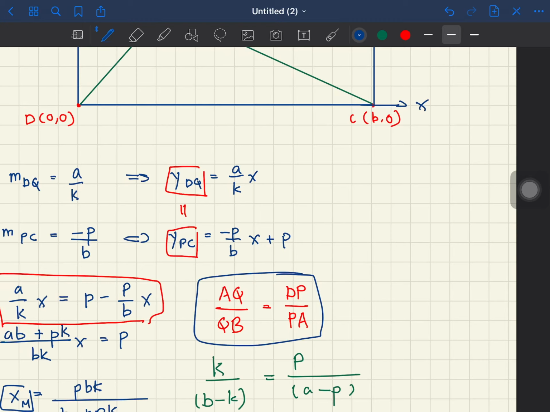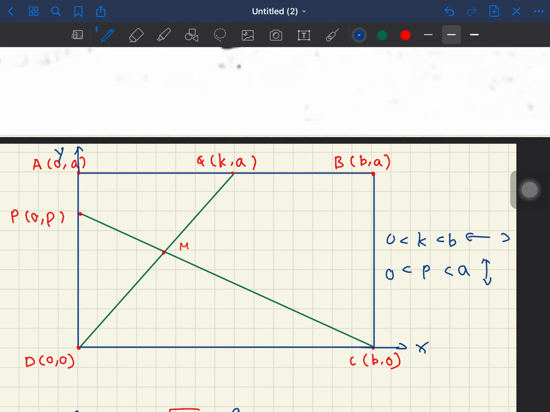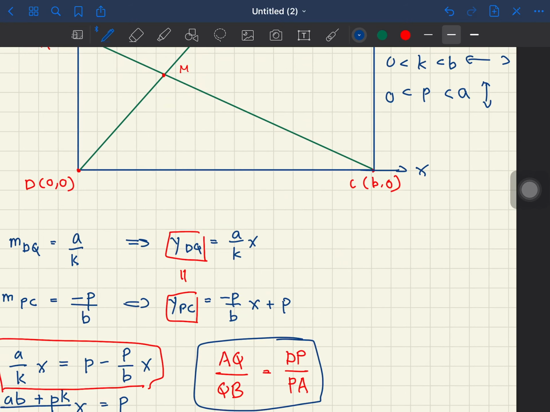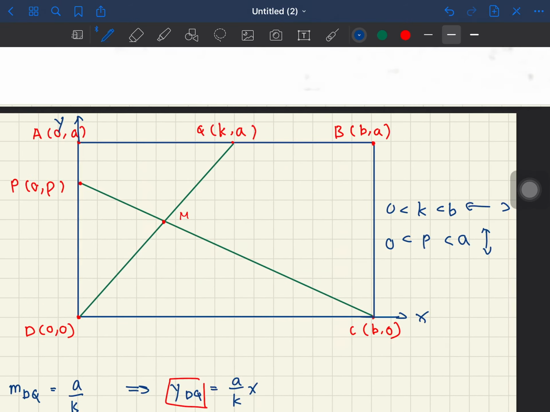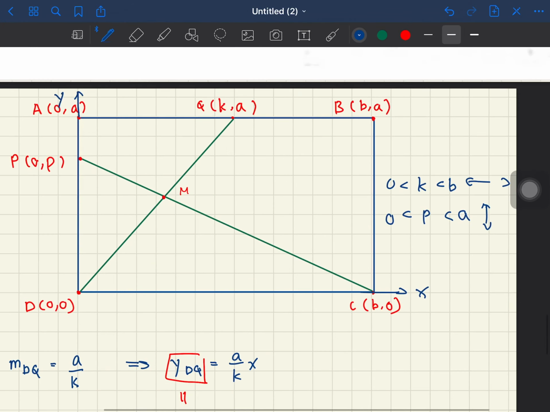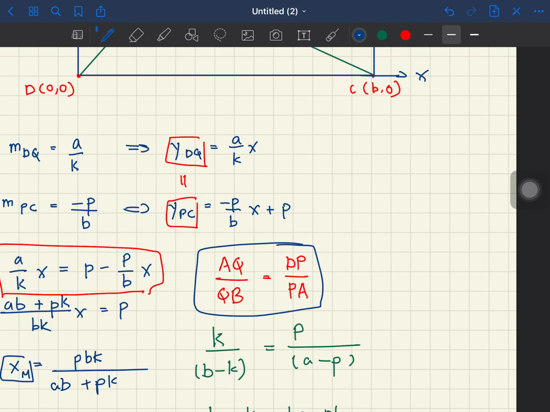And we notice that AQ and QB are on the horizontal, and then PA and DP are actually on the vertical, and we can easily find the horizontal and vertical distance by calculating the difference between the x or y coordinates, and then you will get this equation.